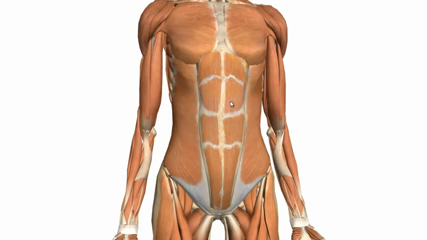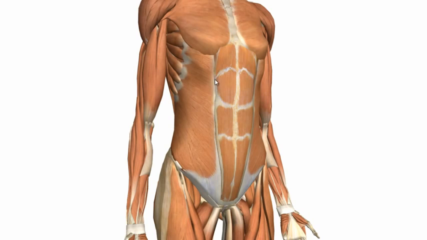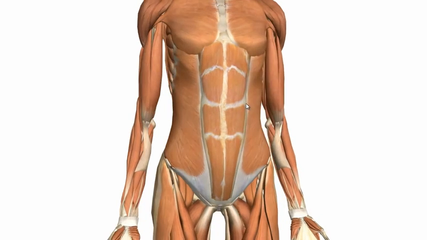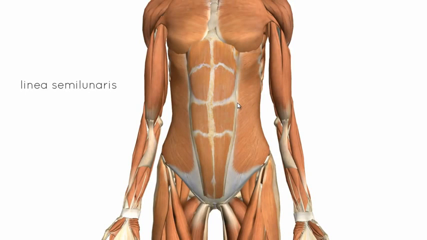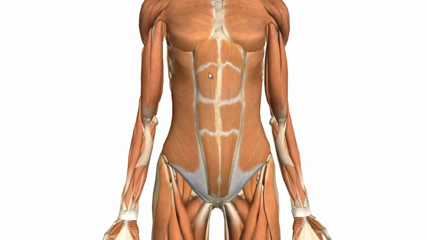So a couple of other things to just point out. You can see another white line which lies on the edge of the rectus abdominis muscle on either side. This is called the linea semilunaris. And then you can see these horizontal intersections which separate up the muscle bellies of the rectus abdominis.